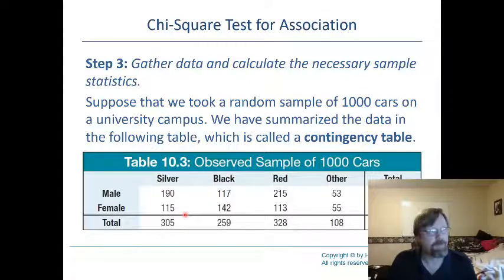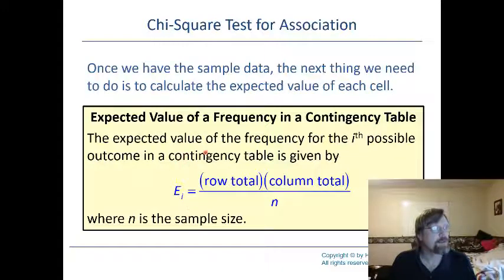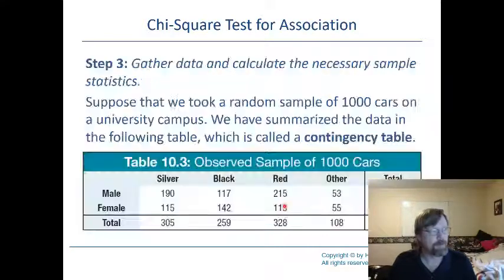In a contingency table, the expected value of a frequency can be found using this little formula. Take the row total times the column total and divide by the sample size. So if I'm looking at an expected value for males owning silver cars, I'd have 575 as my row total times 305 as my column total, divided by my 1,000 sample size.